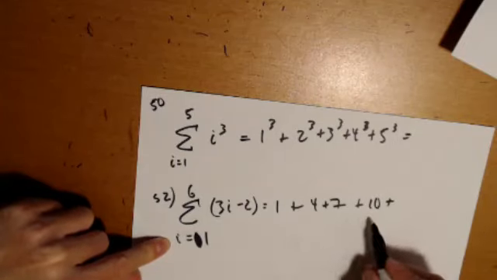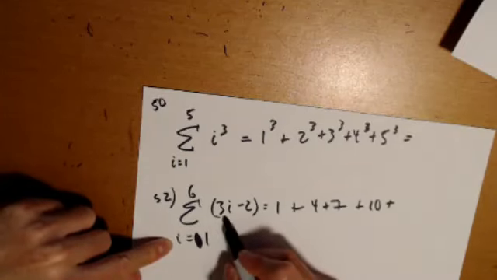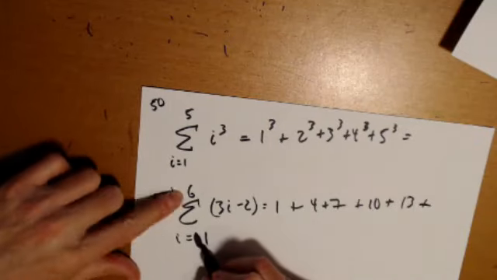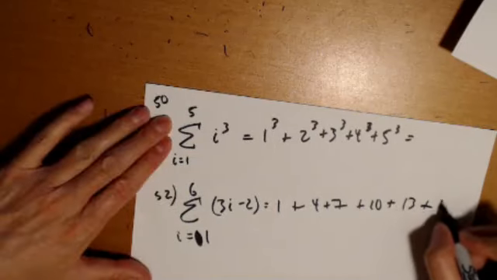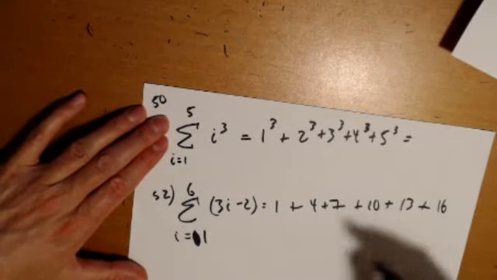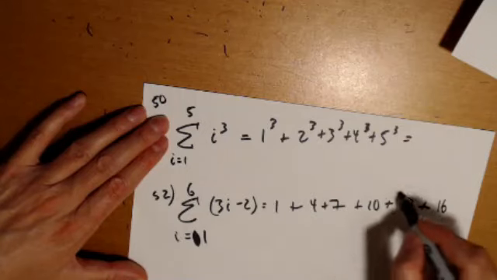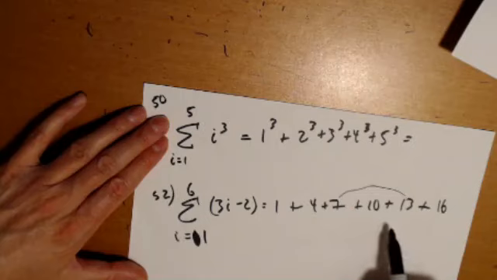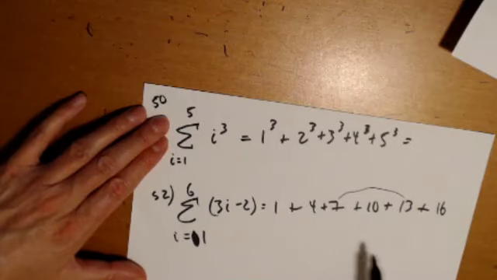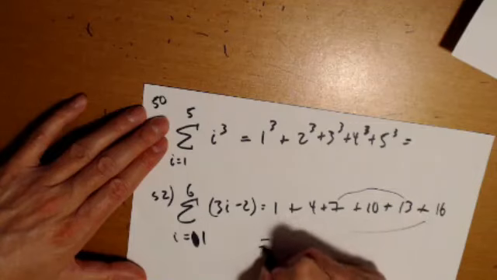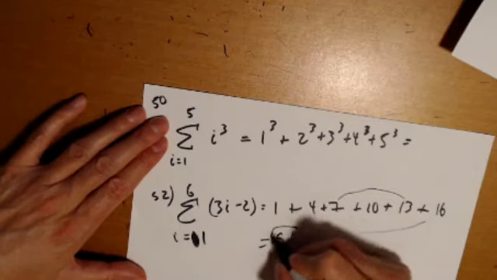Plug in 5. 15 minus 2 is 13. Plug in the last one, 6. 18 minus 2 is 16. And then you add them all up. Let's see if I can add these up. That's going to be 20, 30, 40, 51.